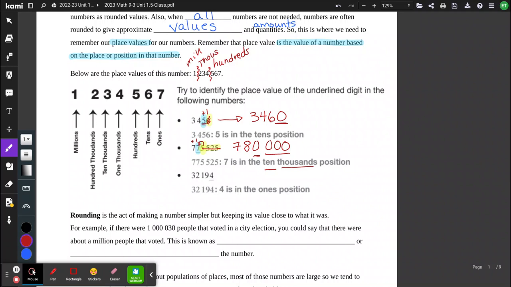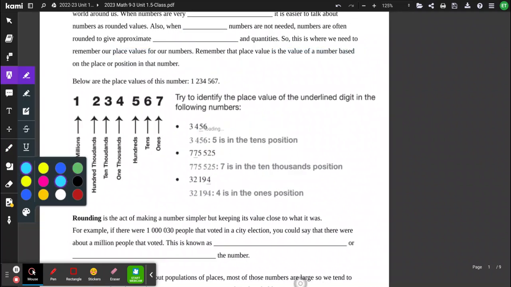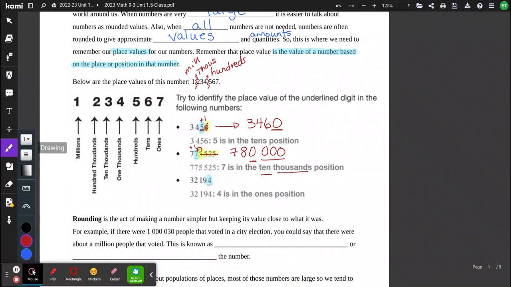It says, I'm looking at the 4. Well, if I'm looking at this 4, I need to know what the number is after it. Well, there is no number after it. Okay, because that would be decimal 0. I would have to put a decimal there. So if I were to round that number, is a 4 going to round? We don't know.